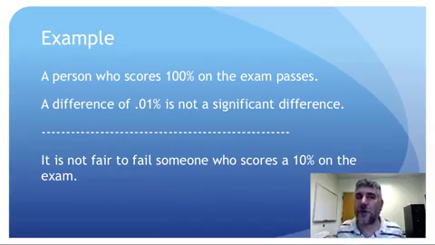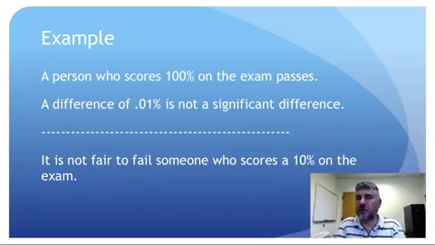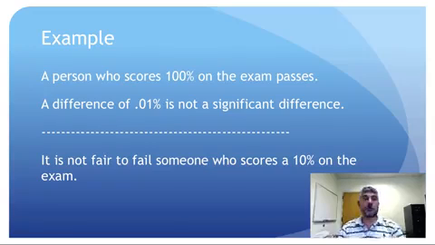But it doesn't follow, just because 69.99% is not significantly different from 70%, that it's not fair to fail someone who got a 69.99%. It could perfectly well be fair to fail them, for all the two premises say. Right? Fairness doesn't necessarily go with significant differences. It could go, let's say, with predictable differences.